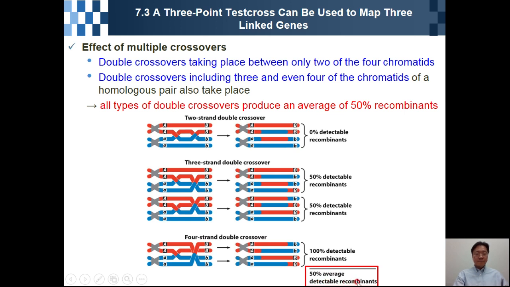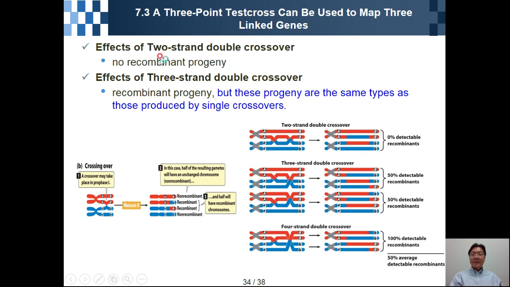In this slide, we will see the effect of the 2-strand double crossover and the 3-strand double crossover again. If a 2-strand double crossover happens, we cannot detect the recombinant. But when a 3-strand double crossover happens, we can detect the recombinant. There are recombinant progenies, like 50% and 50%.